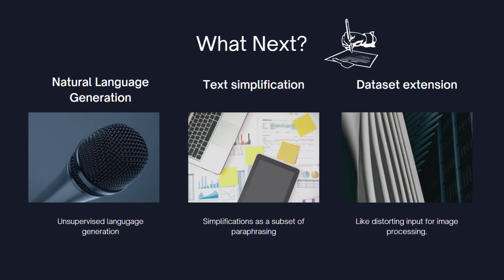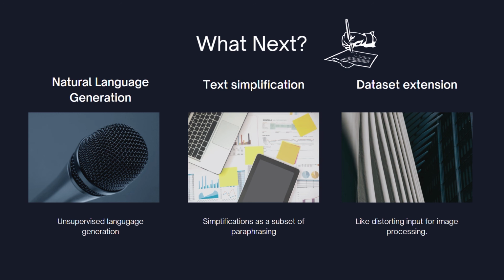If we further develop and refine the methods used in this project, we may use them in the following fields. We can make more varied natural language generation models for chatbots to make responses more varied, but keep the same ideas. Text simplification can be thought of as a subset of paraphrasing, and so we may, for example, block unnecessarily complicated words and reproduce complicated sentences in simple terms.